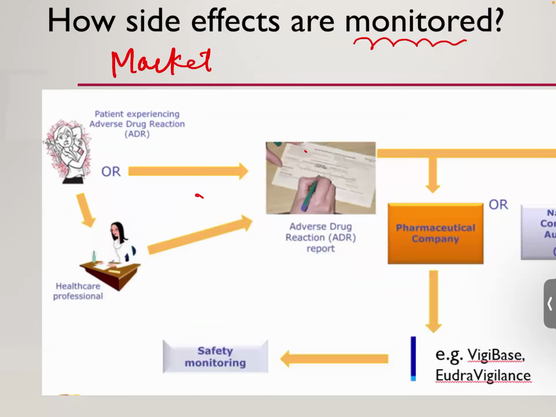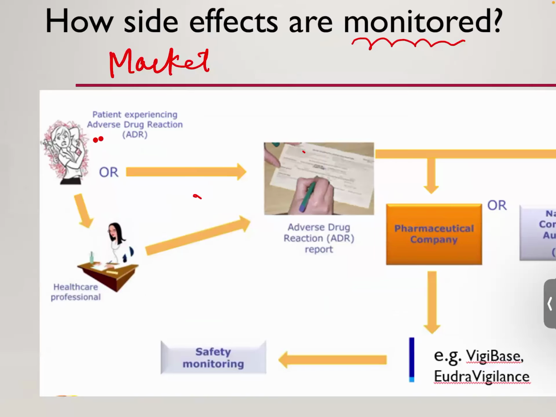Let me zoom in a little bit. So as an example, a patient comes to the clinic, and he says, I'm getting itching. Just the easiest, simplest example. Either he himself is saying that I have taken this drug and I'm experiencing itching, my whole body is itching.